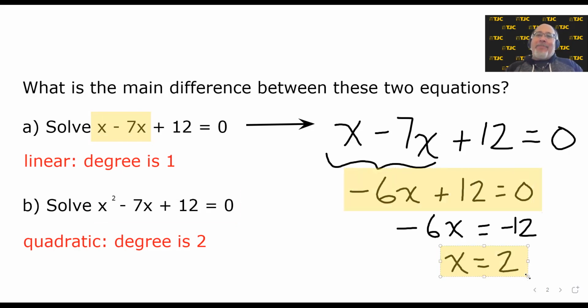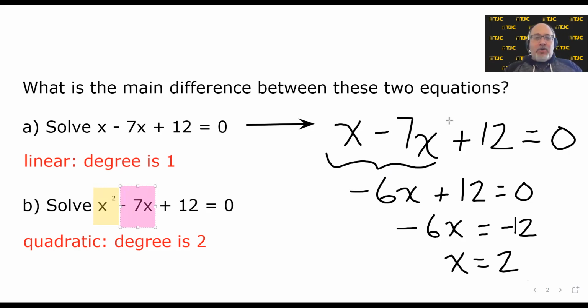So we overcame the obstacle of multiple x's in the equation by combining them because they were like terms. But in the quadratic, we don't have that luxury. In the quadratic equation, we do have two x terms, but one's an x squared and one's a minus 7x. These are not like terms, meaning that even though they have the same letters, they don't have the same powers.